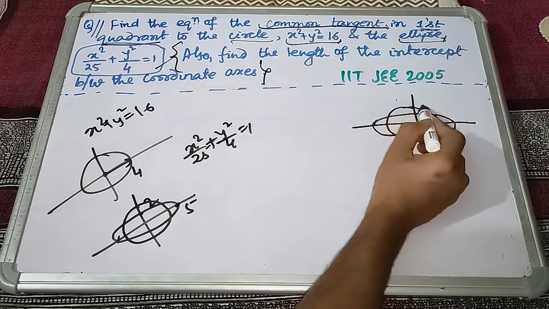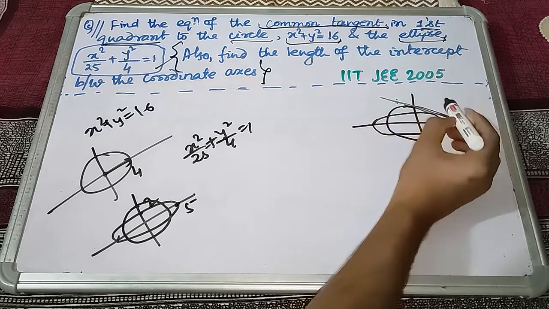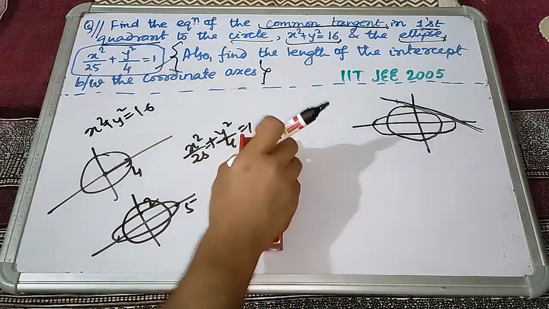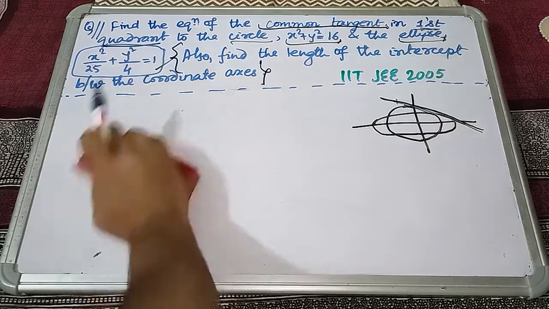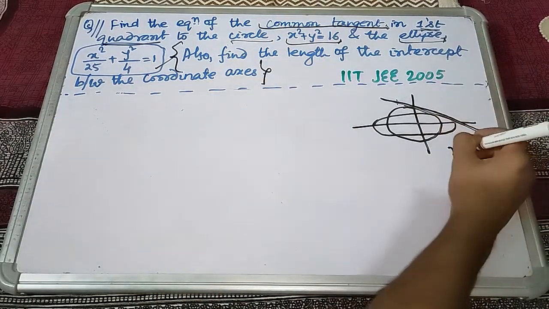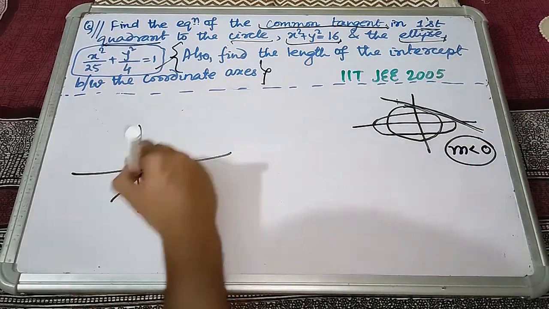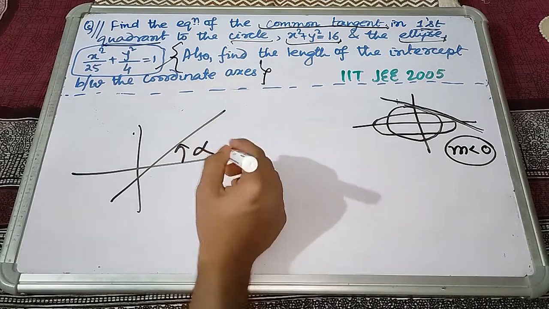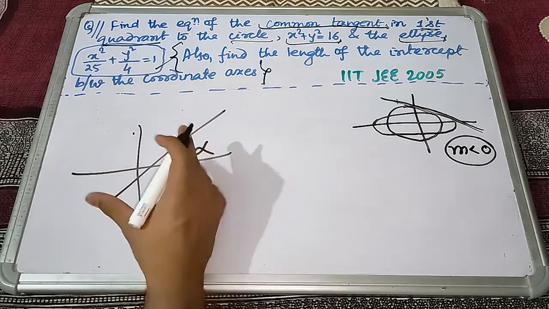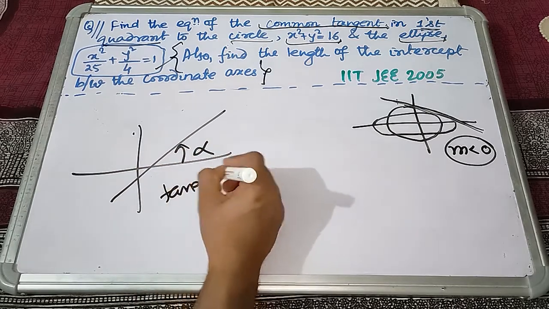They are asking for a common tangent in the first quadrant. So the common tangent can be like this only. This diagram helps us a lot. Huge help you will get. First thing to notice is that the line is slanted like this. This means that the slope of the line is negative, because if a line makes this kind of angle alpha, where alpha is an acute angle, tan alpha will be positive.